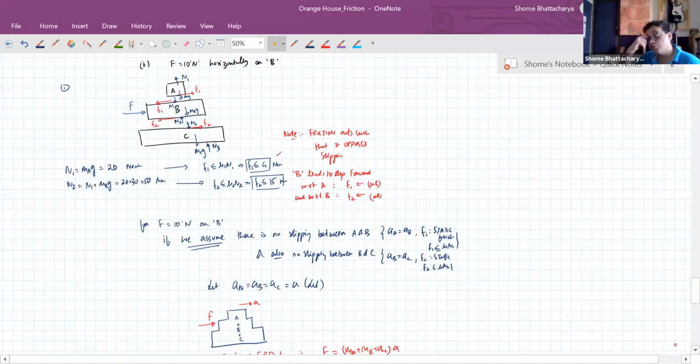Then fit that value of common acceleration in the individual FBDs to find out how much friction is required. If the friction is within the limiting values, which are 4 and 15, then your assumption is correct. If it is not within the limiting value, then you will have to remove your assumption and take the case where they are slipping. When they are slipping, they will have different accelerations, but the friction will be kinetic friction.